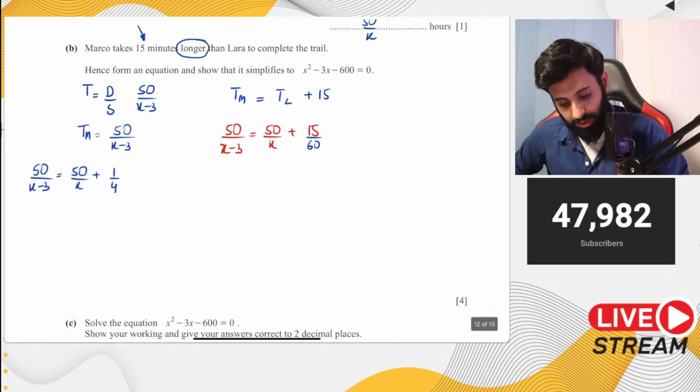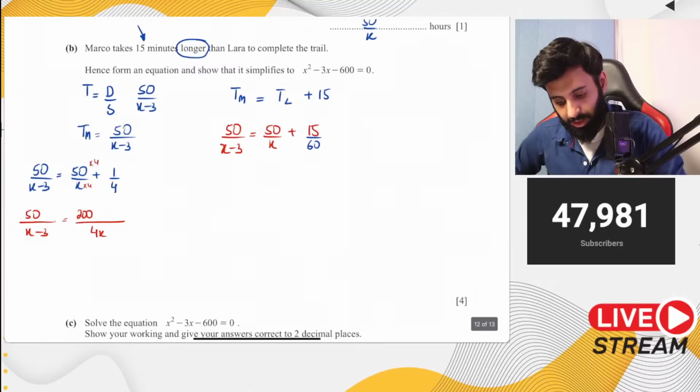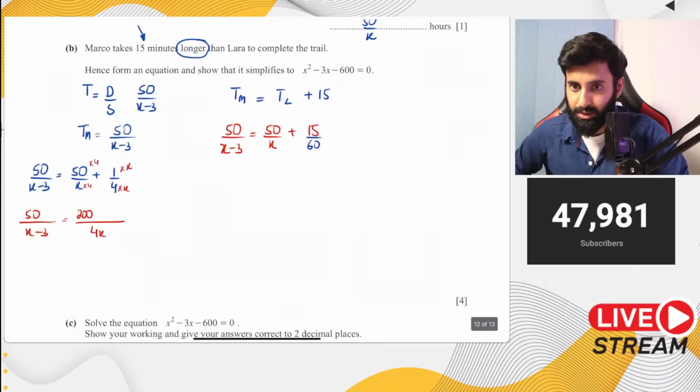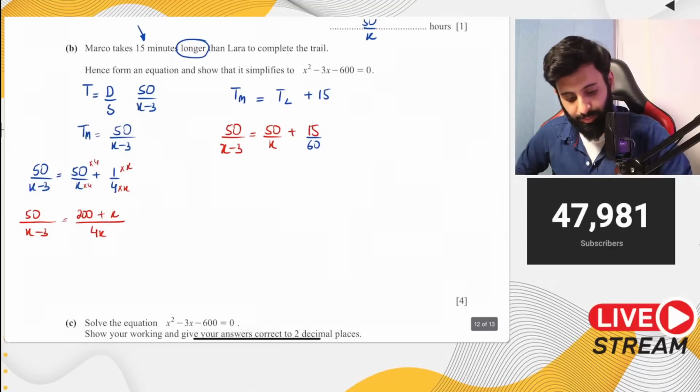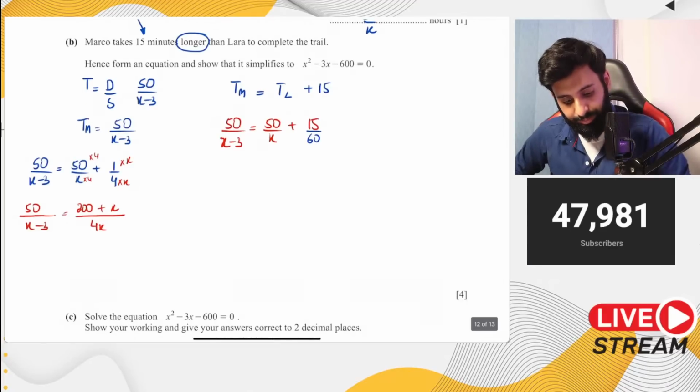Now the LCM of x and 4 is going to be 4x. Here we have x minus 3. So 50 as it is. This gets multiplied by 4, so this also gets multiplied by 4. So that's going to be 200. This gets multiplied by x, and this also gets multiplied by x. So that's plus x. Now we cross multiply. So we have 200x, which is equal to 200 plus x into x minus 3.